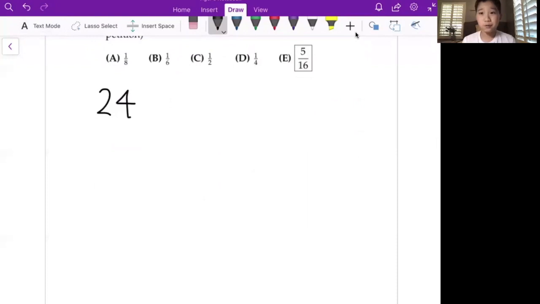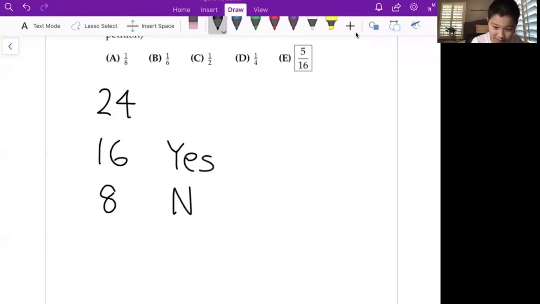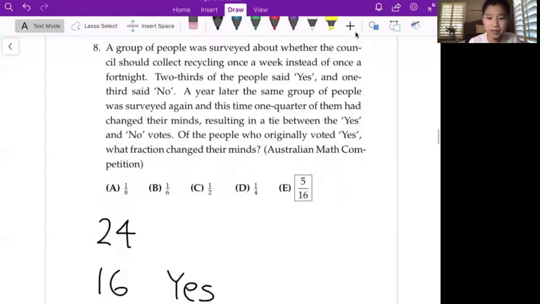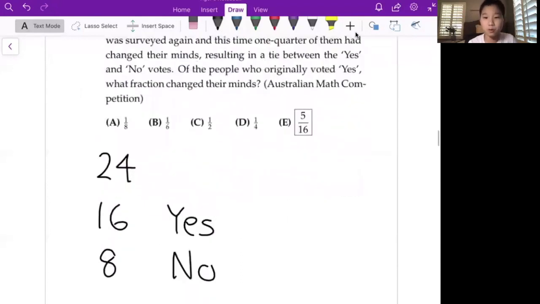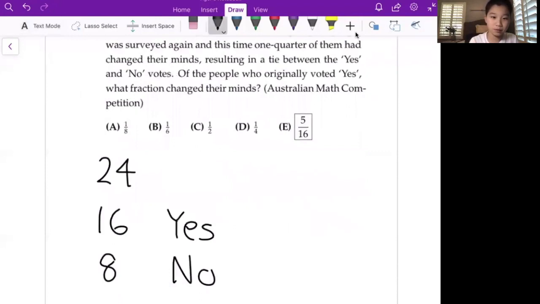It says 2/3 said yes, so 16, and then the rest, 1/3, said no. 16 yes, 8 no. And what else did it say? A year later, the same group of people was surveyed again, this time 1/4 of them, so 6 of them, changed their minds.